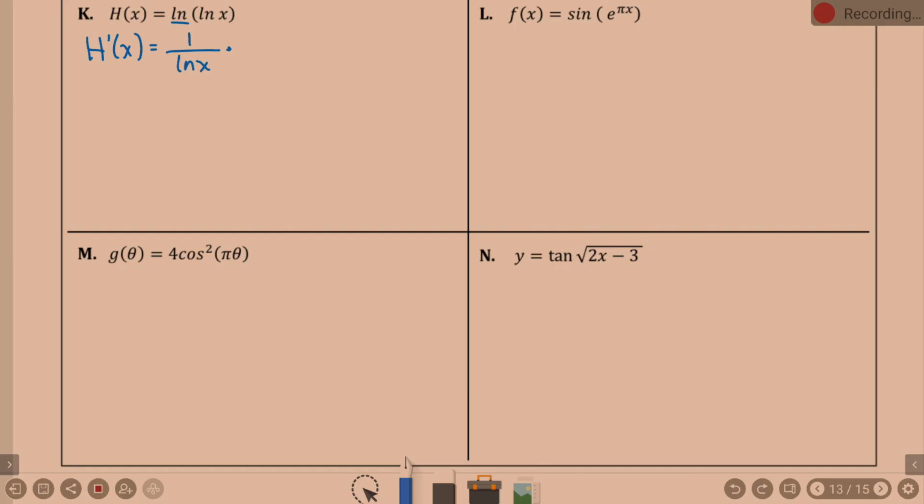Times, we're not done. So outside is that first natural log. Derivative of natural log of something is 1 over something. Can I take the derivative of something? What was my something? My something was natural log of x. So what's the derivative of natural log of x? 1 over x in this case, because the inside is just an x.